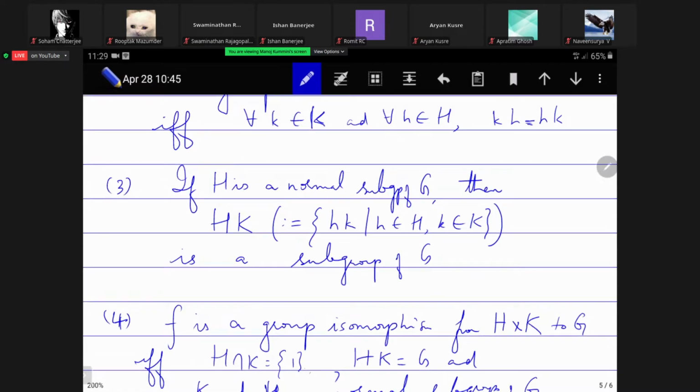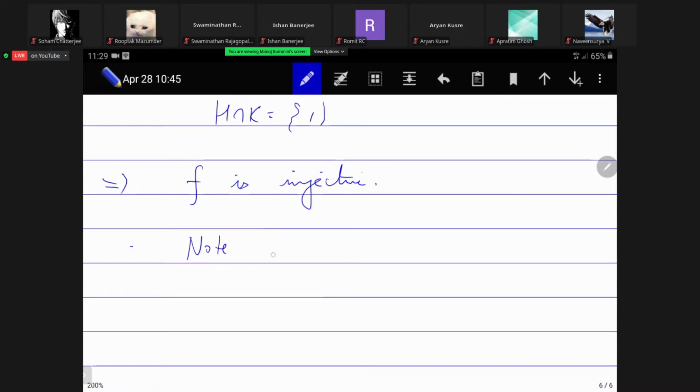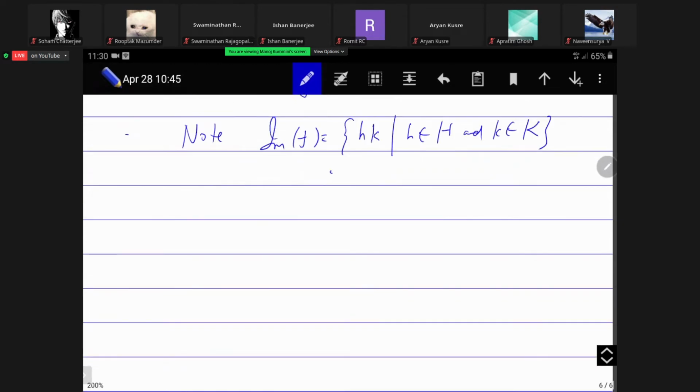Note that the image of F is the set of all hk such that h is inside H and k is inside K. This is what we denoted by HK.